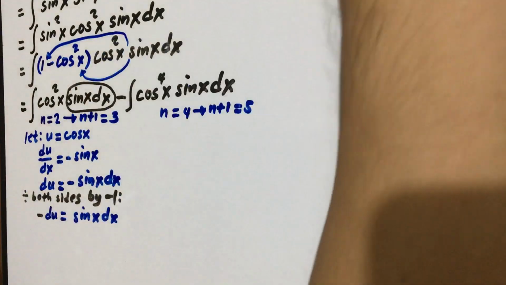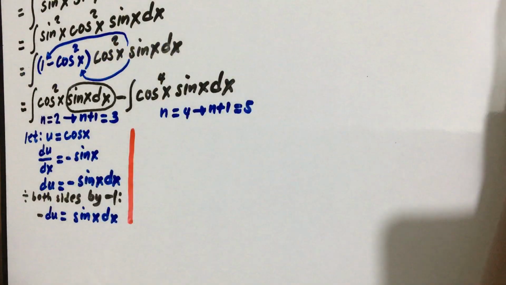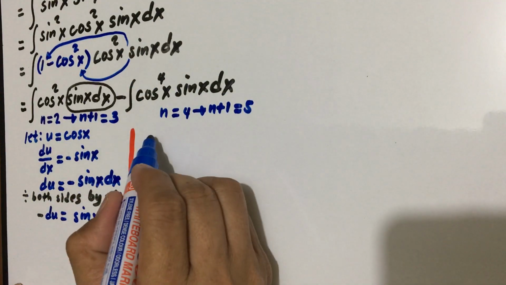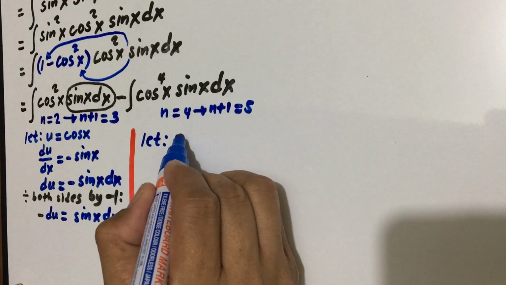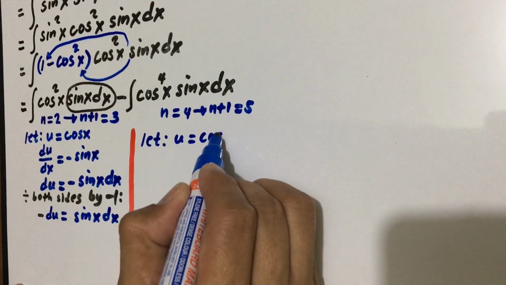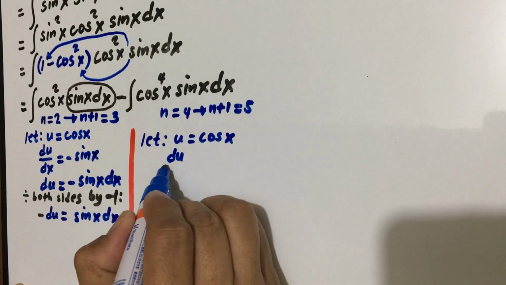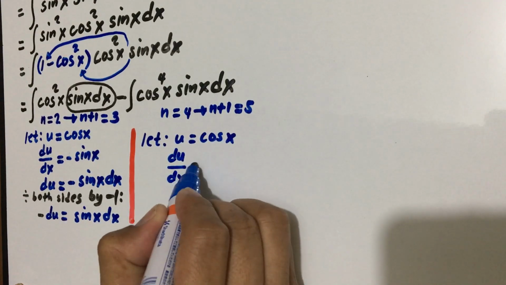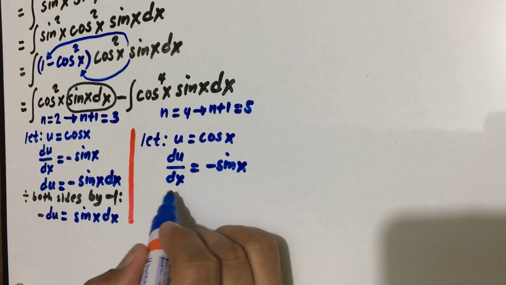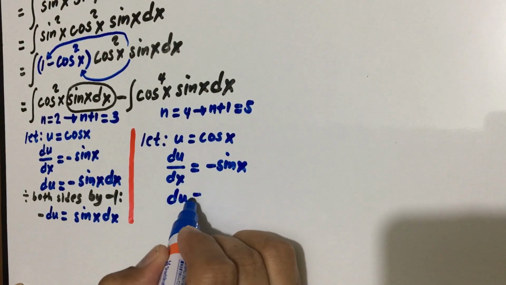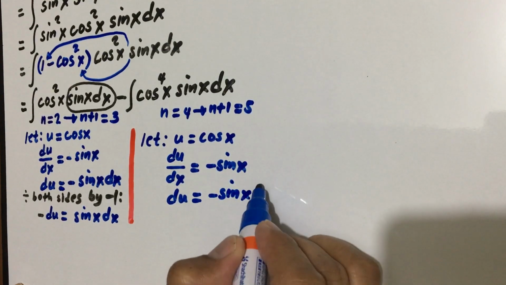Okay, so similarly for this part here, we can also let u equal cosine x, and the derivative of u with respect to x is equal to minus sine x. Solving for du, this is minus sine x dx.